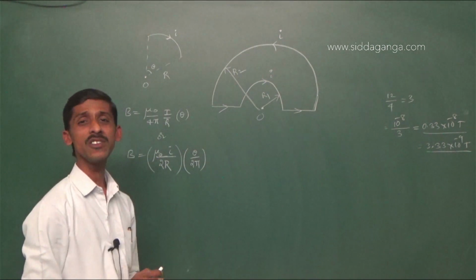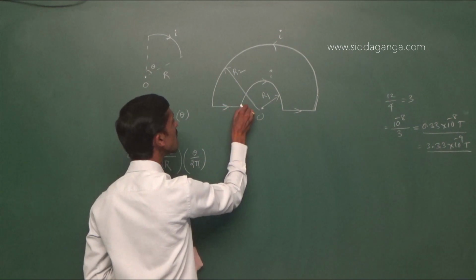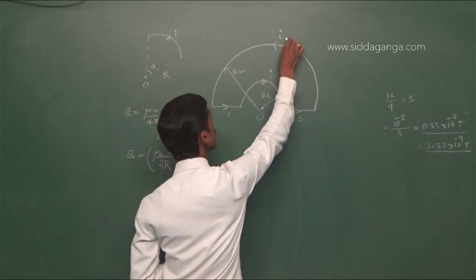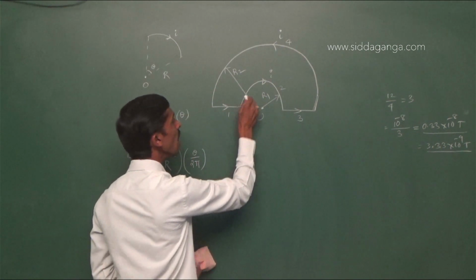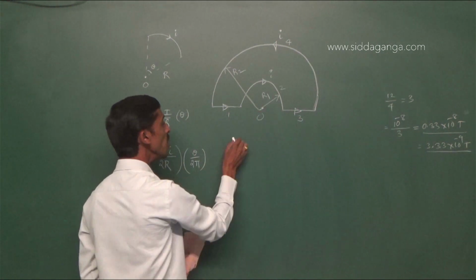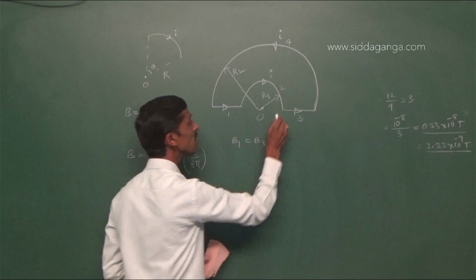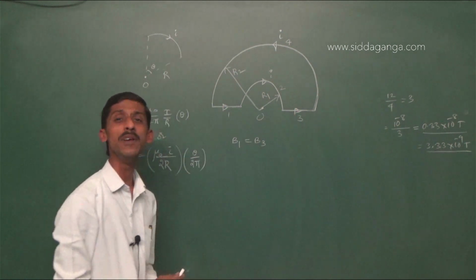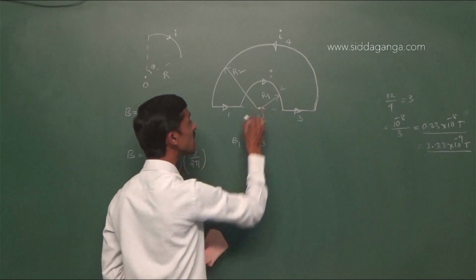In our present question, in the given current configuration, if you divide the given configuration into 4 parts, 1, 2, 3, 4, there are 4 parts. The contribution of all these 4 parts is what we have to calculate. For the first wire as well as the third wire, the magnetic field due to these 2 parts will be 0, because the given point lies on the line of the conductor.